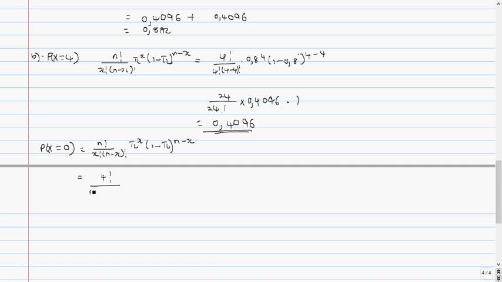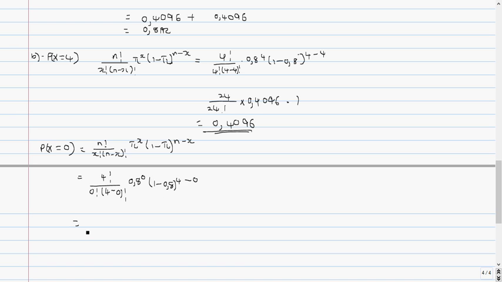X in this case is 0, so 0 factorial, and then n now is 4, it doesn't change, minus x, which is 0, and then I put my factorial there. Probability of success, that's 0.8 to the power of x, which is 0, 1 minus pi, which is 0.2, it doesn't change from trial to trial, we said. Okay, n is 4 minus x, which is 0 in this case.